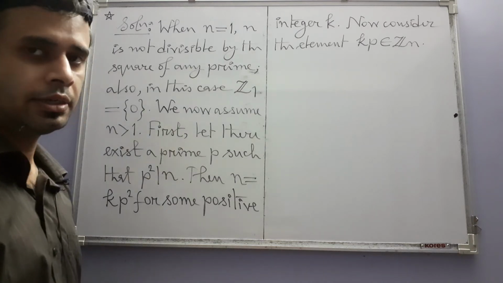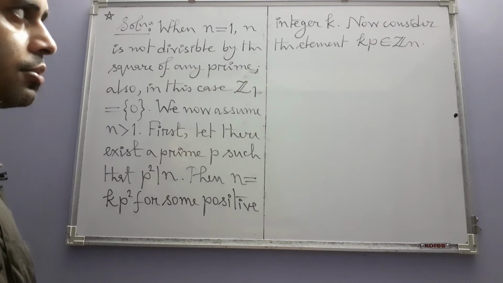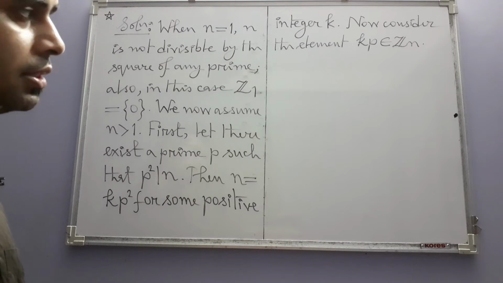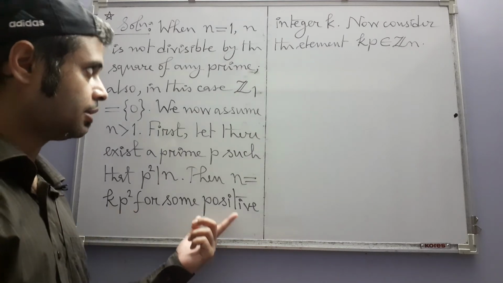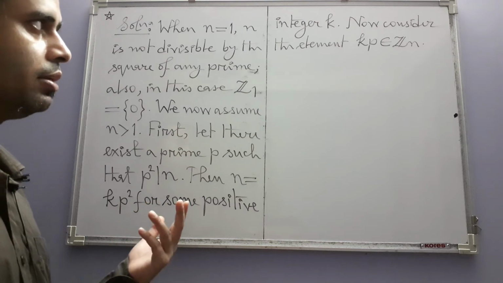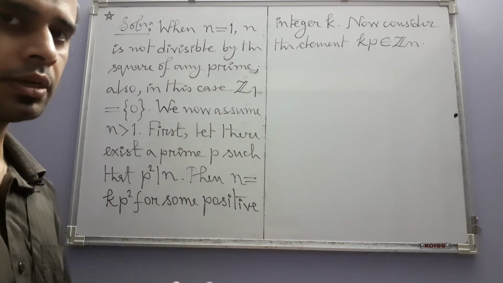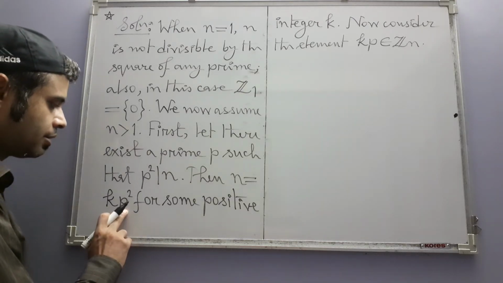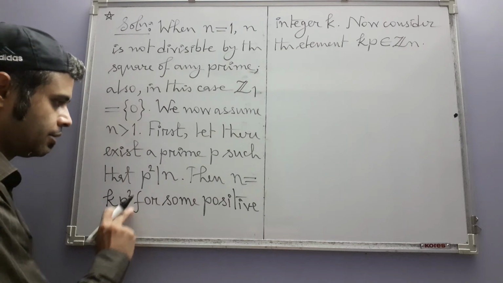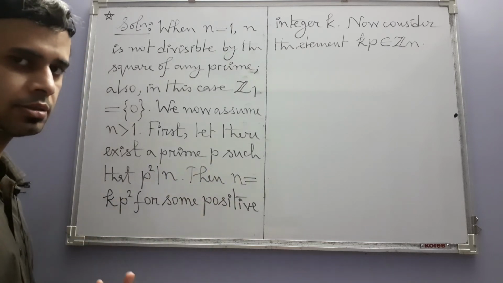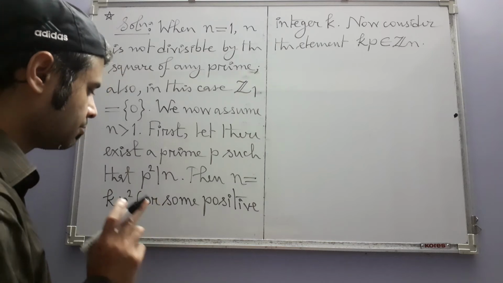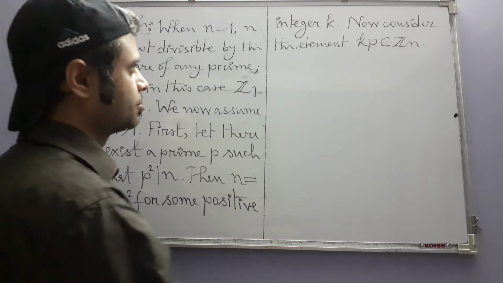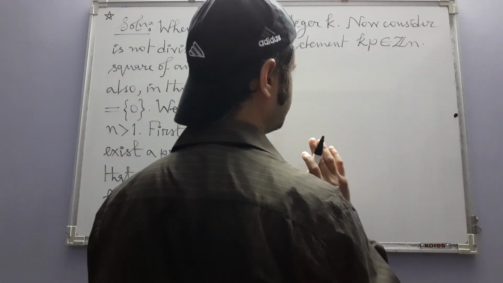Is kp such an integer? kp is of course non-negative. In fact, it is positive because p, being a prime, is a positive integer and k is also a positive integer. So kp is greater than 0. Is kp less than n? Yes, it is, because when you multiply another p with kp, then only you get n. So kp is naturally less than n, and that is also because p itself is greater than 1. So that is why we have the element kp in Z_n.